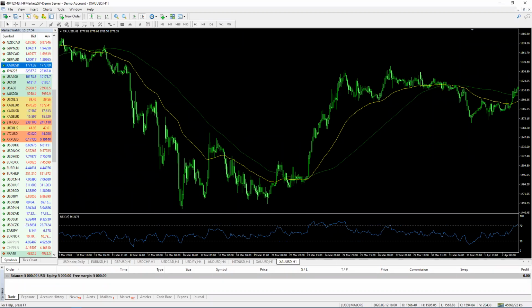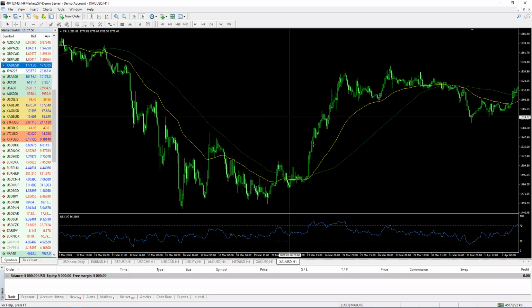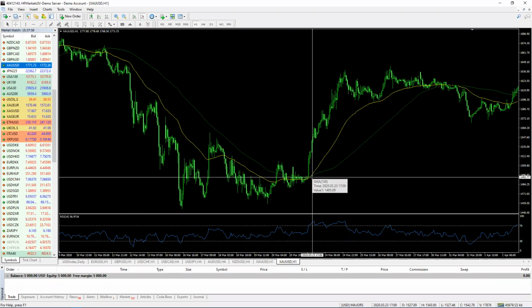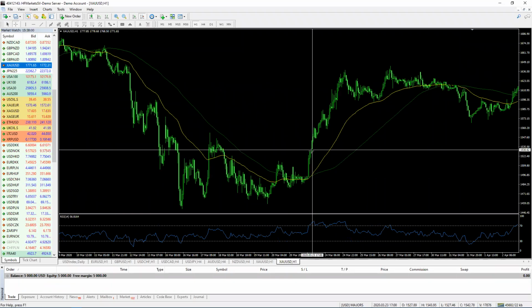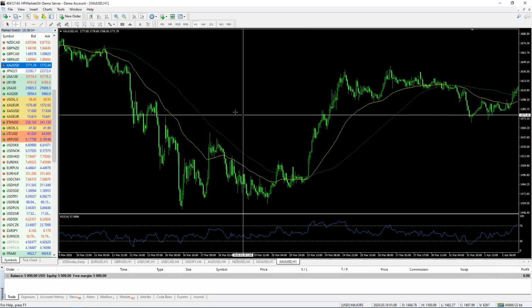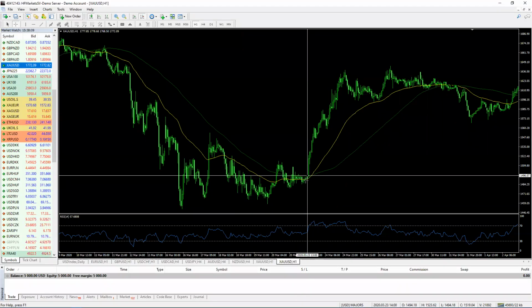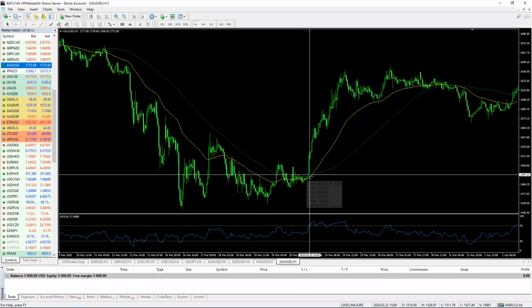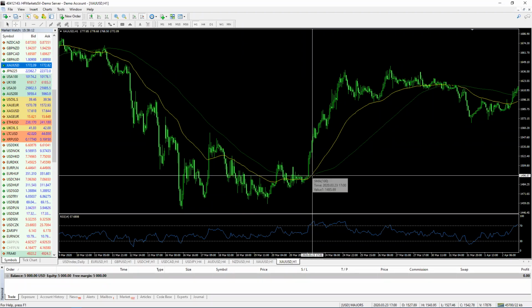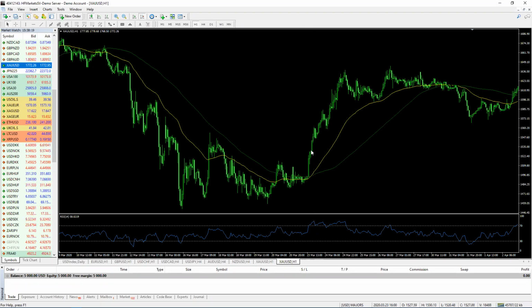Okay, so you can see this now, entering the market where they crossed, so you would enter the market here. Okay, so when it comes to backtesting, don't assume that just because it has crossed here you would enter the market here. No, always wait, always go for that cross where it is. Okay, so in this case we would enter the market here around this candlestick.